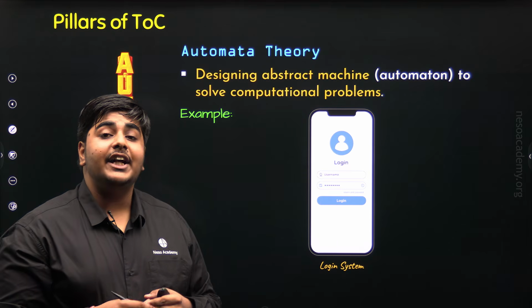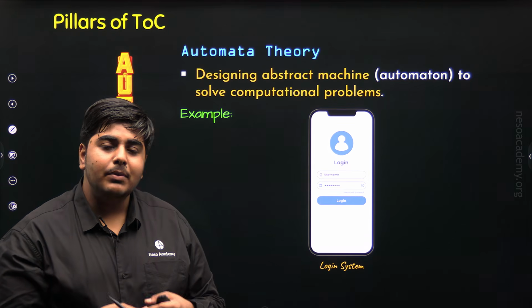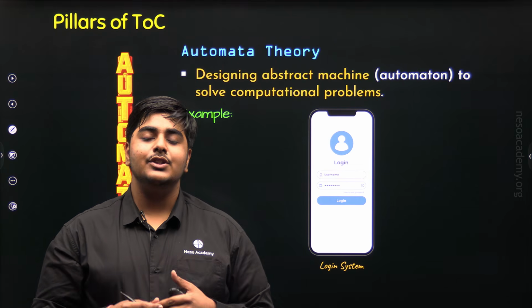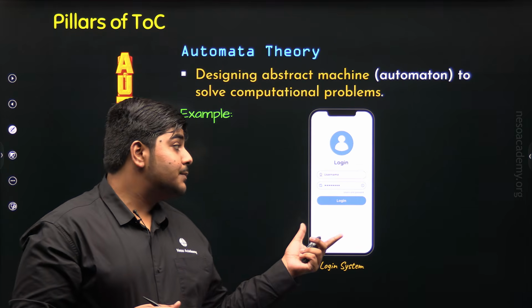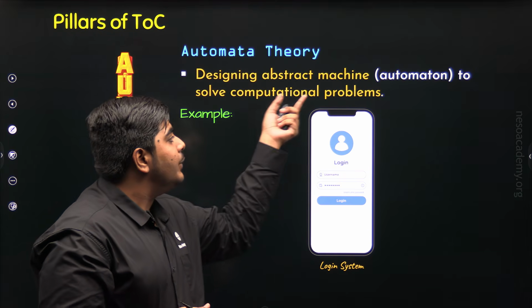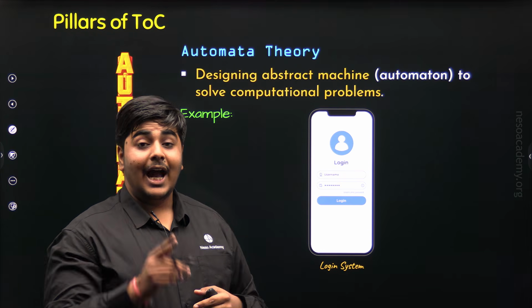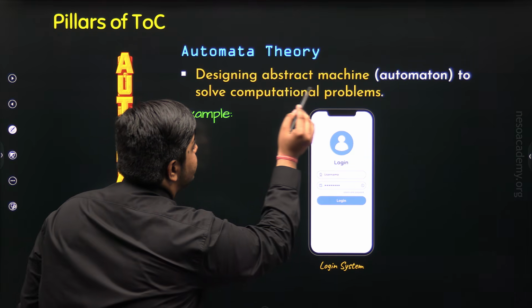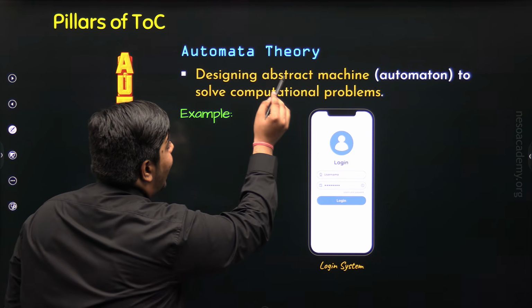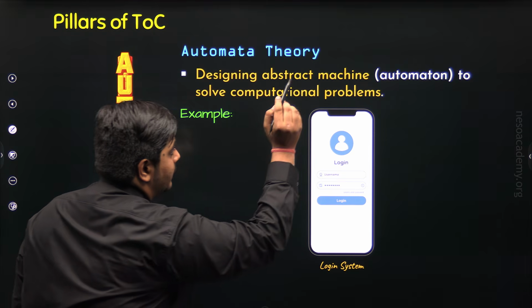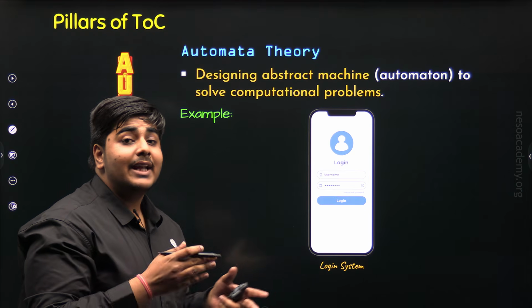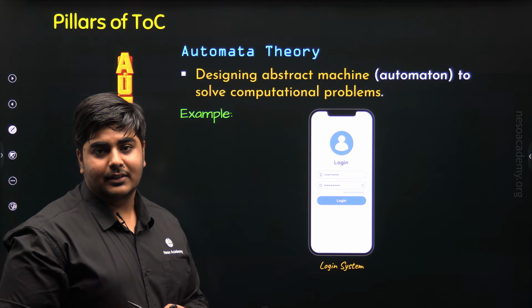Step number 2, you will enter your password. Step number 3, you will click this login button. And finally, you will get access to your account. So this problem is an example of a computational problem. And in automata theory, we have discussed that to solve a computational problem, we design an abstract machine or automaton. So we are going to see how for this problem an abstract machine can be designed.